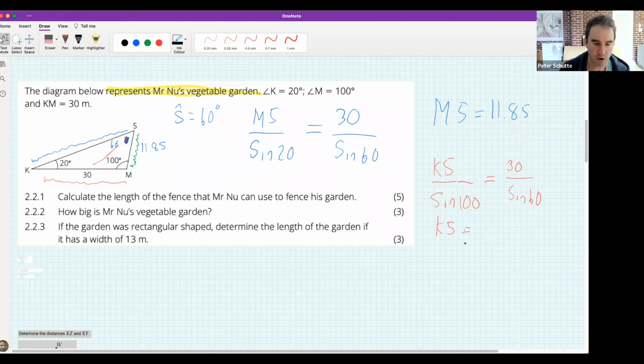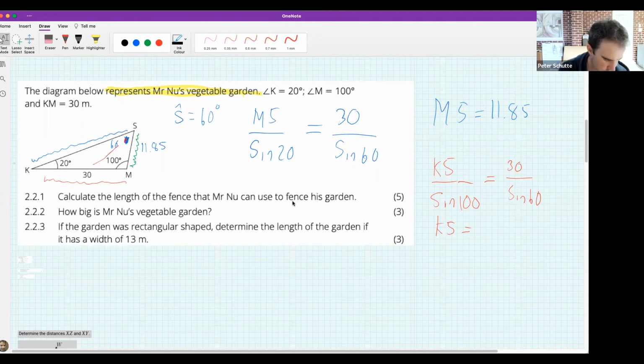There were other ways to do that, but let's just see if you can get KS. And then once we have KS, we can potentially use all these things together to answer the original question. So let's look at that.